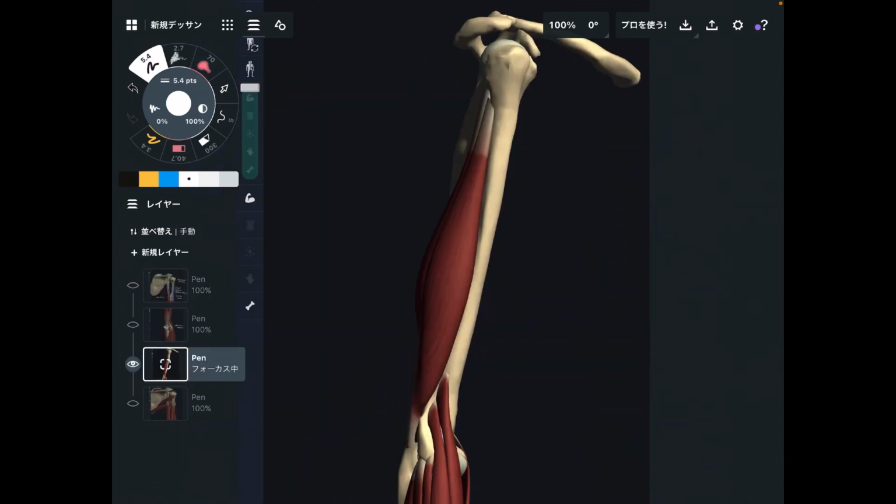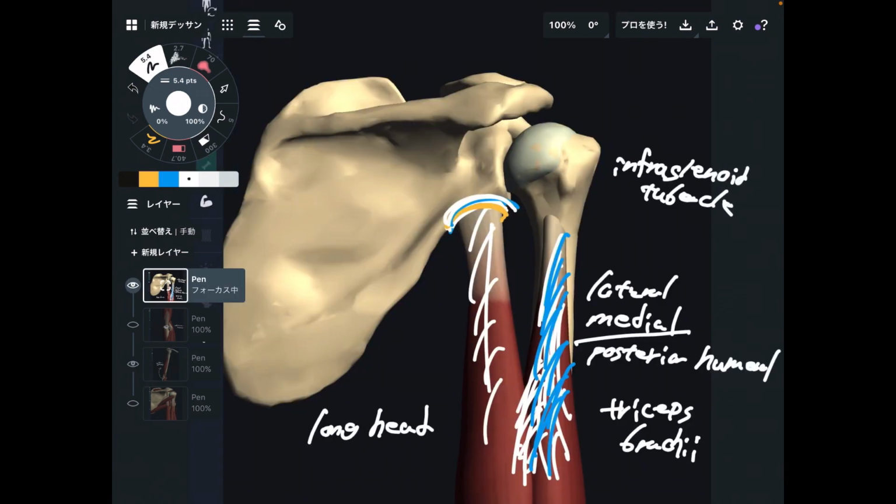The main function of triceps brachii is elbow extension. That is a very strong elbow extensor. Do you remember the origin of the long head? It attaches to the scapula. Thus, the long head can move the shoulder joint. This is very important.